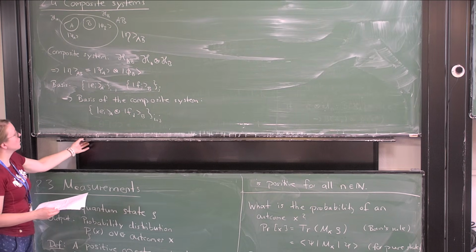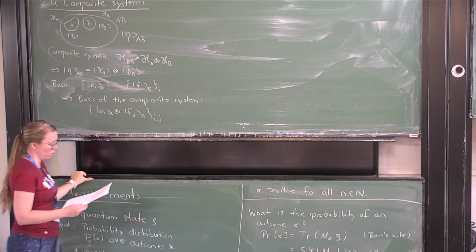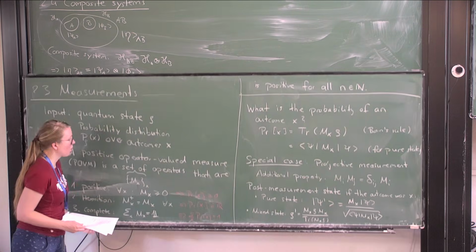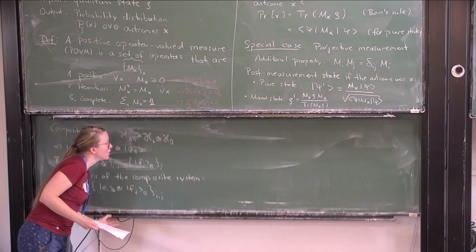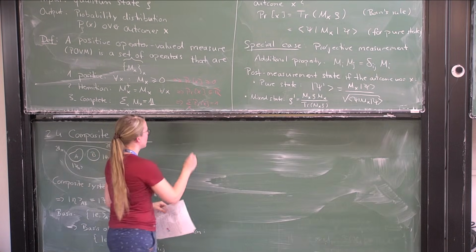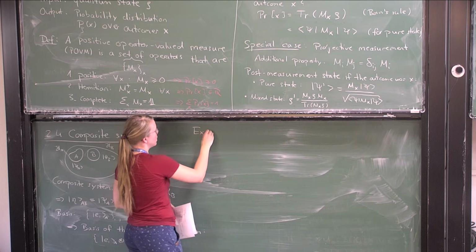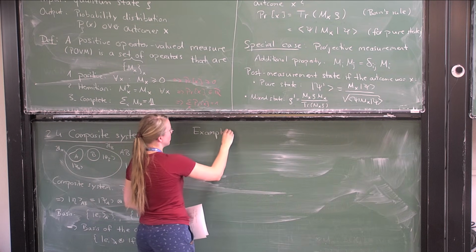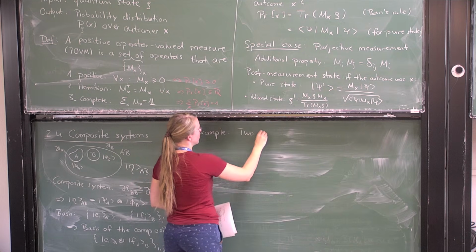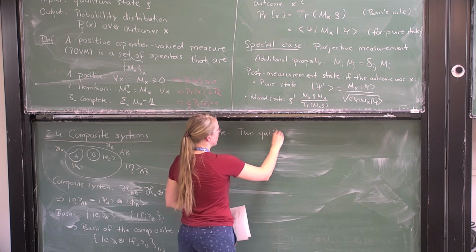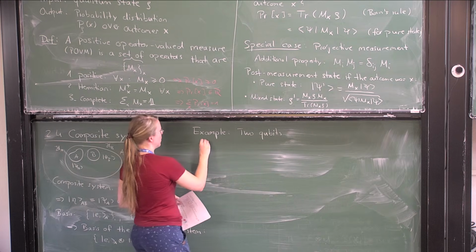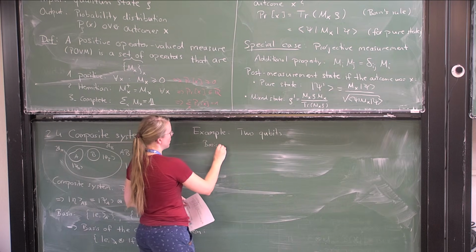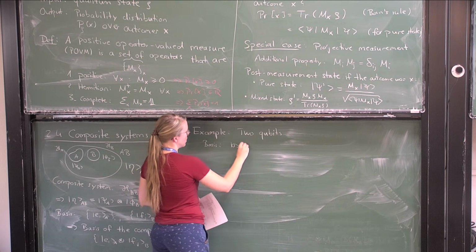Maybe to make one explicit example. So, example, if I take two qubits, let's say both have the same basis, just the 0, 1 basis.